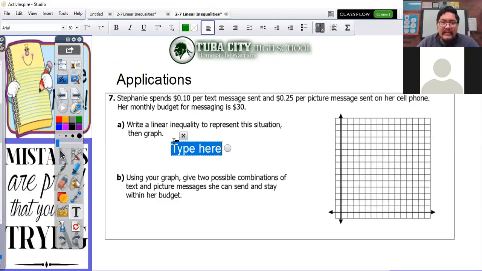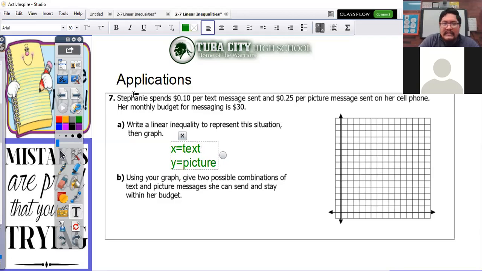So let's write a linear inequality to represent this situation and then graph it. Let's identify our variables. Since we're going to be graphing it, we're going to use X and Y values. In this case, X would be the text messages, and the other one would be the picture messages.